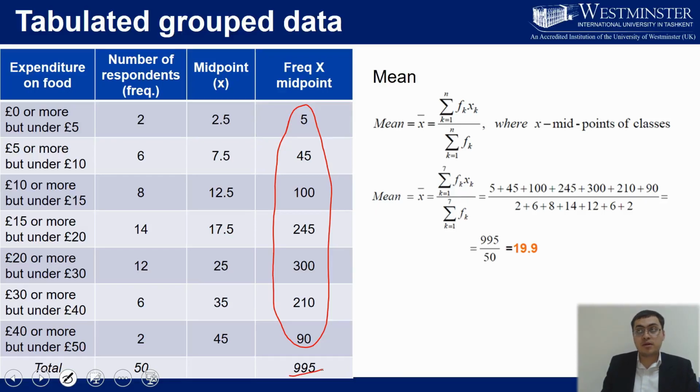I divide it by the total number of observations, which is 50. So 995 divided by 50 is 19.9. So the average, or mean, expenditure on food from this data set is 19 pounds and 90 cents.